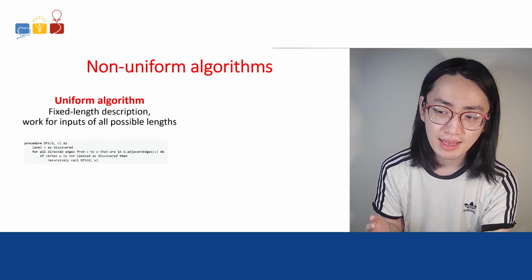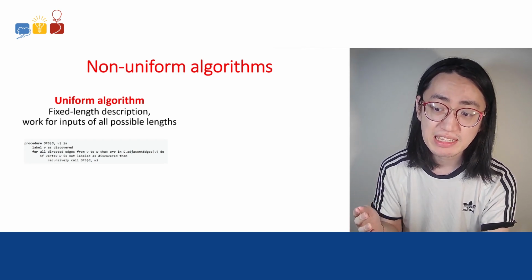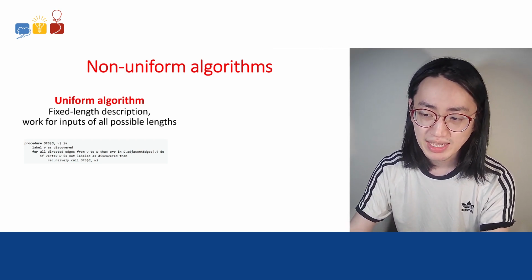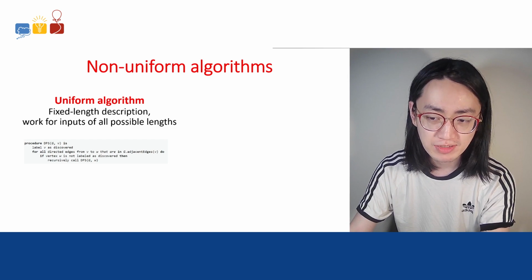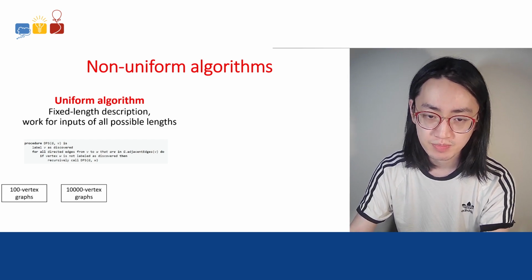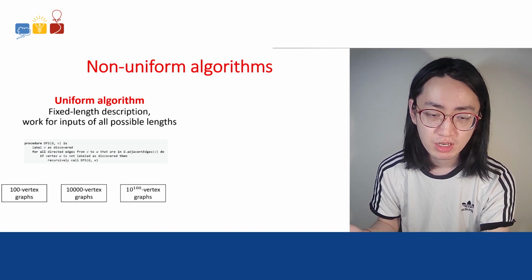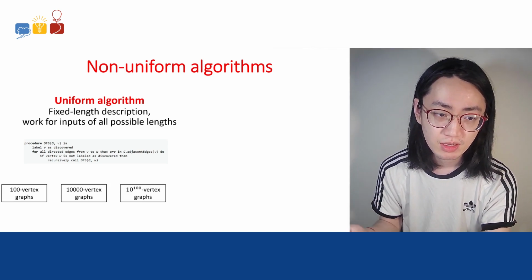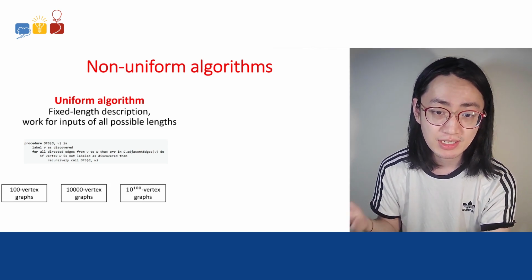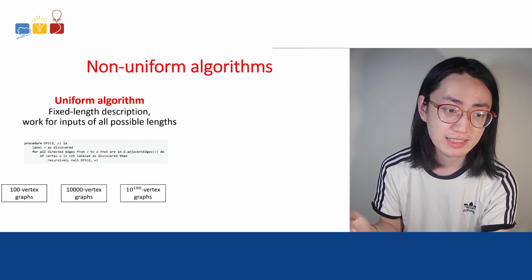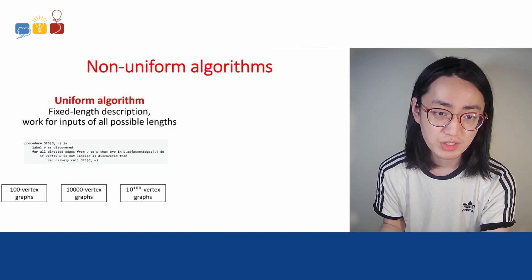This algorithm has a fixed description of several lines, but it can be applied to graphs of all possible sizes. For example, 100 vertex graphs, 1,000, 10,000, even 10^100 vertex graphs. We are all using the same code, the same program to solve this problem.